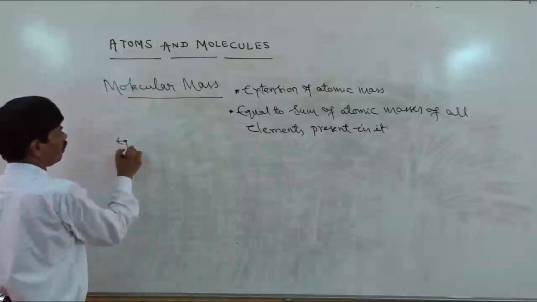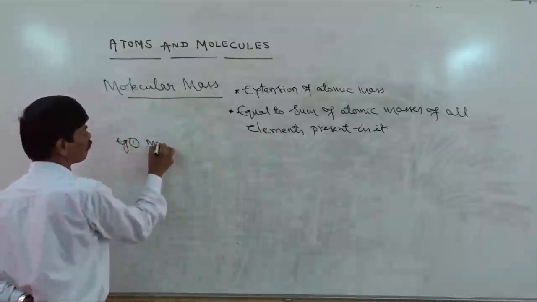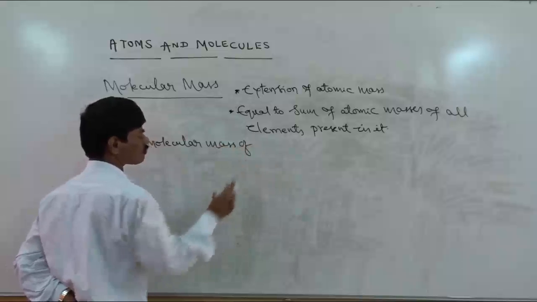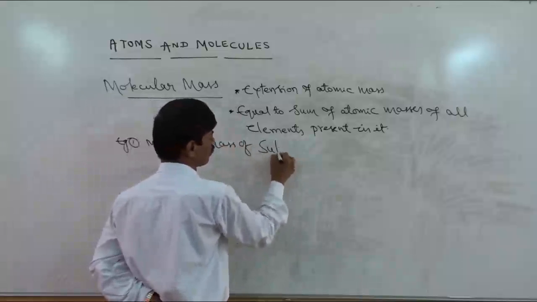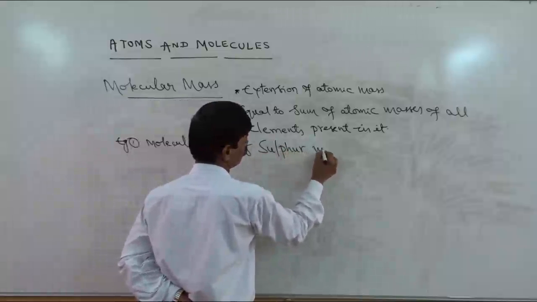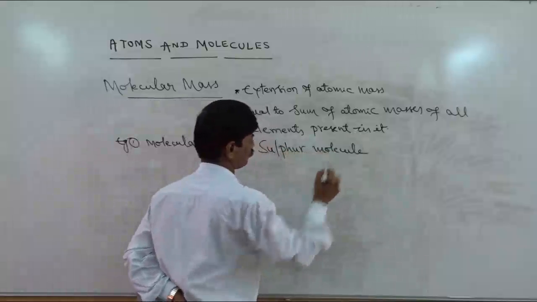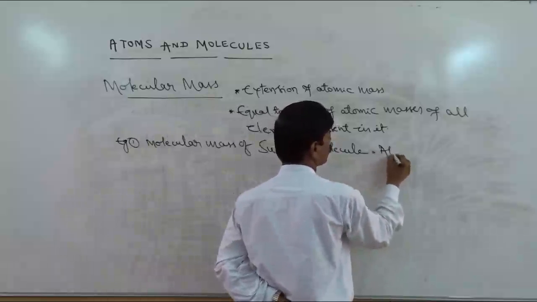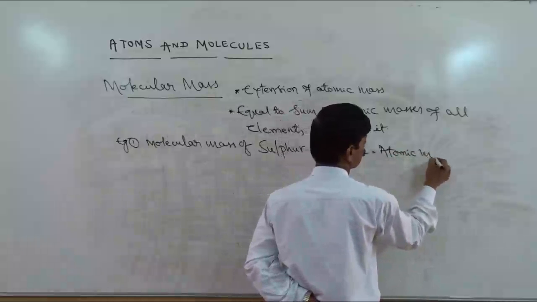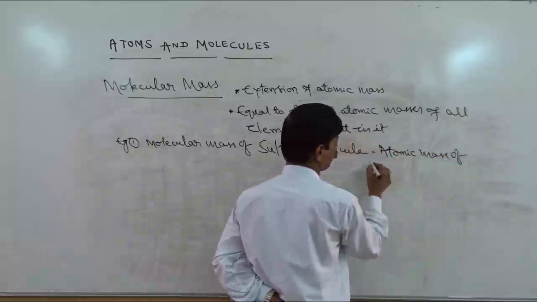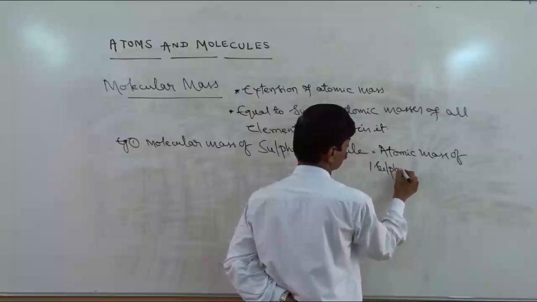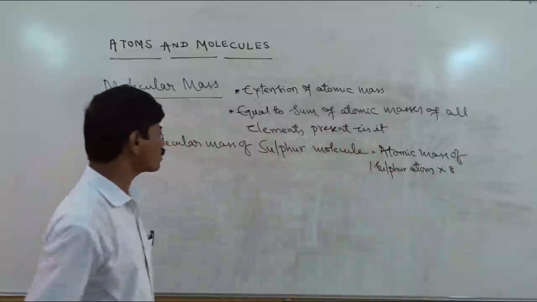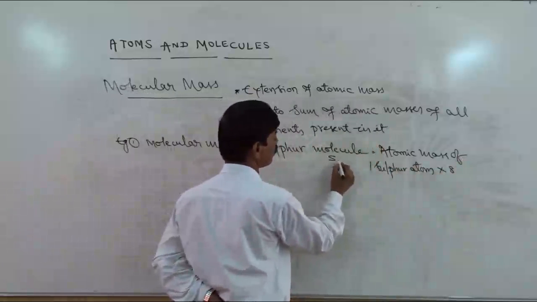Now let us see one example, that is, the molecular mass of a sulfur molecule is equal to the atomic mass of one sulfur atom multiplied by 8, because the sulfur molecule formula is S8.